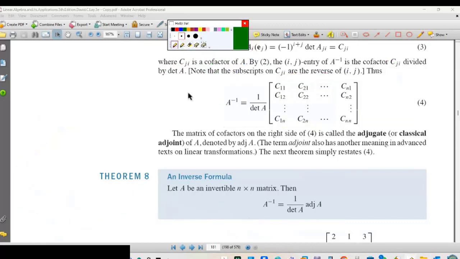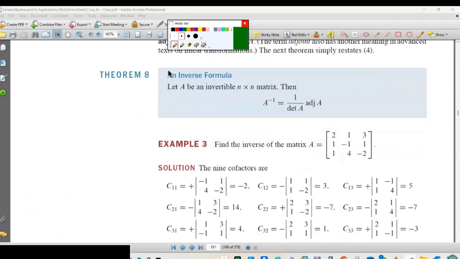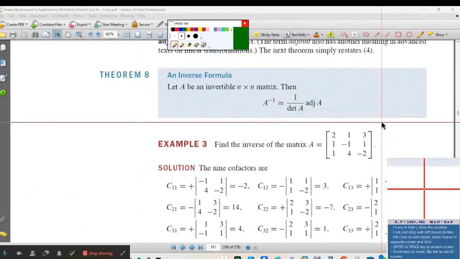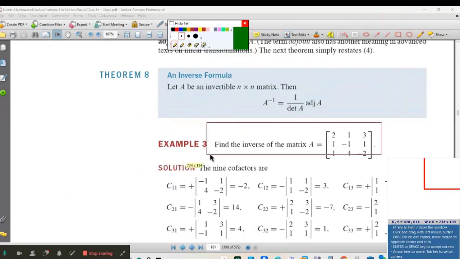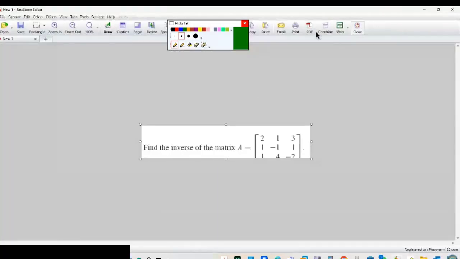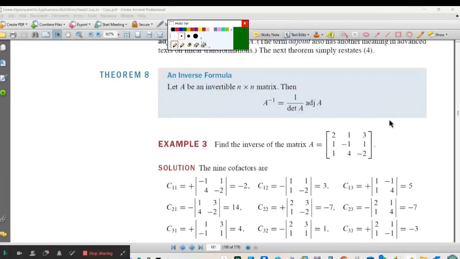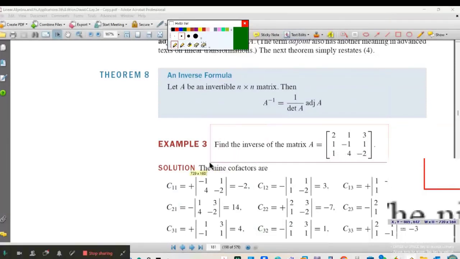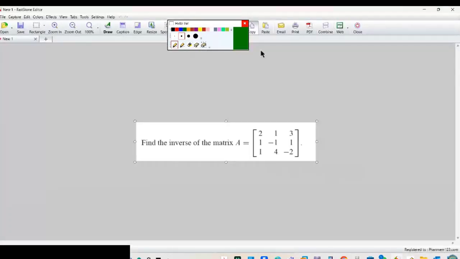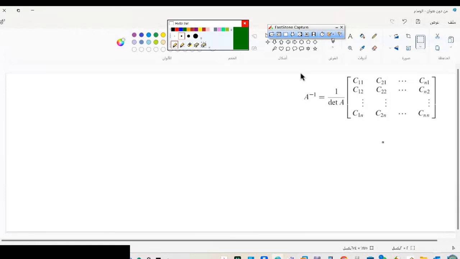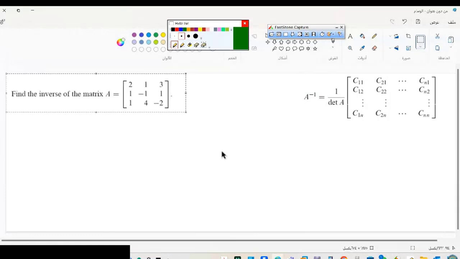Now, what's C11? Let's take this example and solve together. Here is our question.